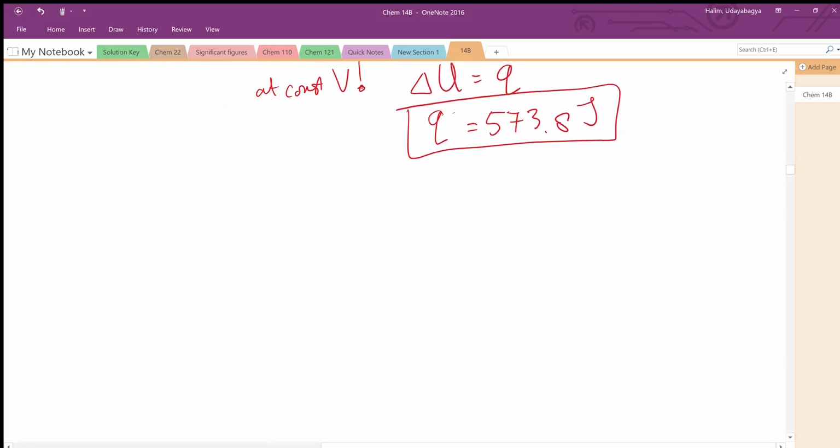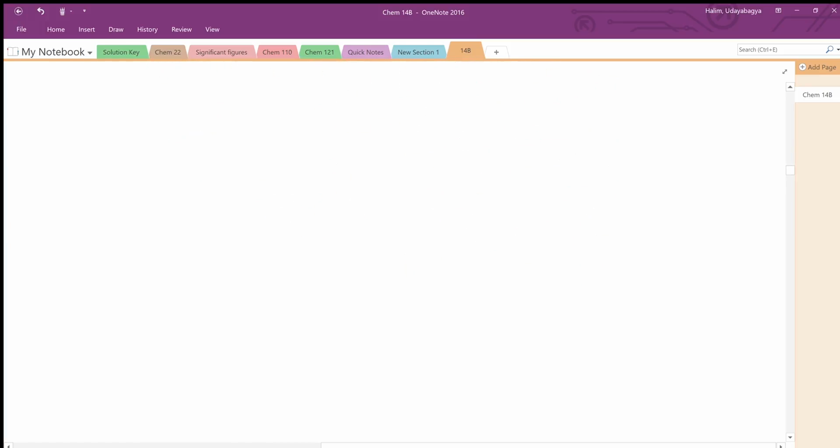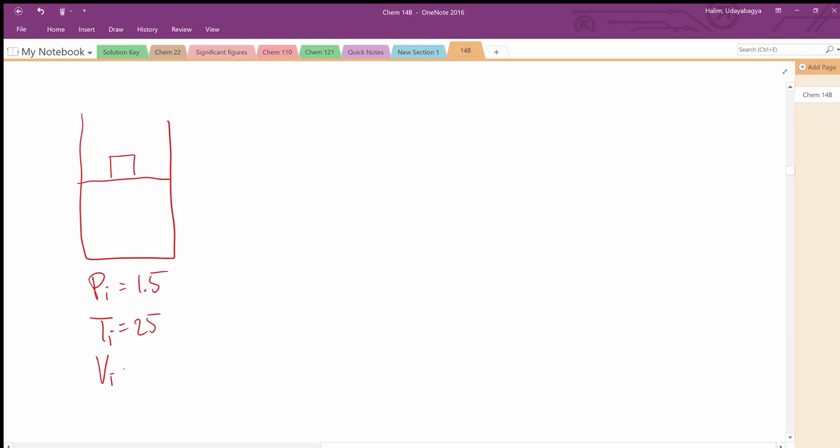Okay, so that's one example that we have. Now, if I were to do a very similar problem, and instead of doing this process at a constant volume, I actually perform this process at a constant pressure.